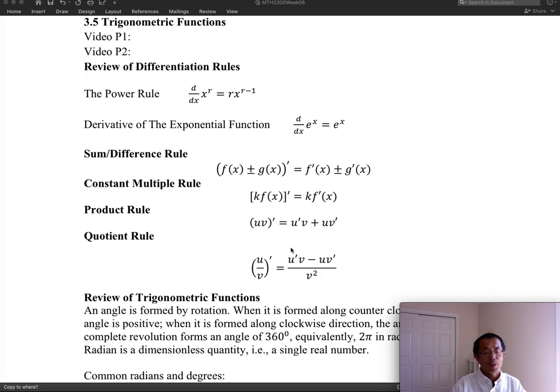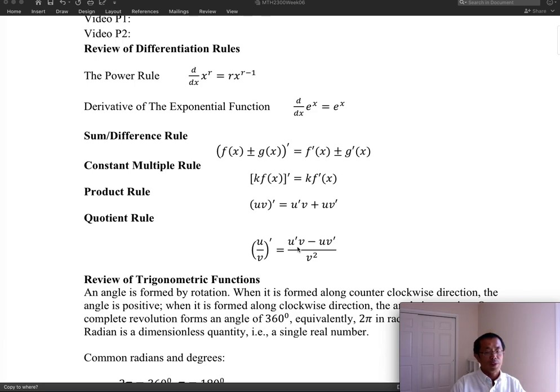Then for the quotient rule, we are still using the notation u and v: u prime v and u v prime in the same order. For the product, we take the sum. For the quotient, we take the difference. Certainly for the quotient, we expect a new denominator, which is the original denominator squared.